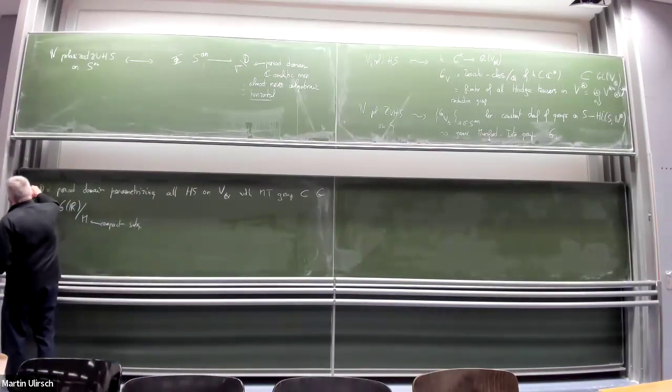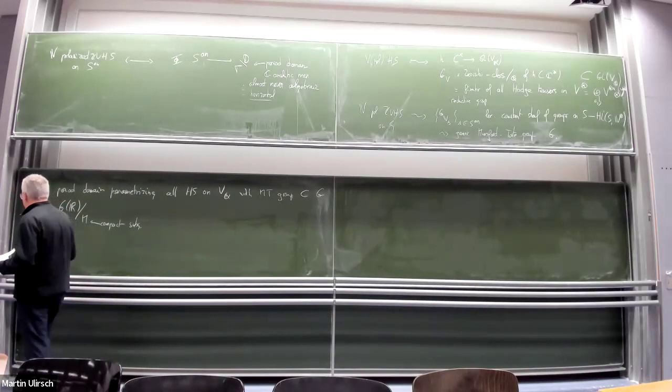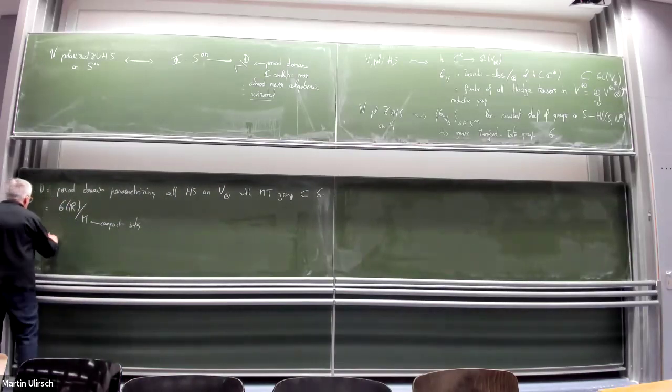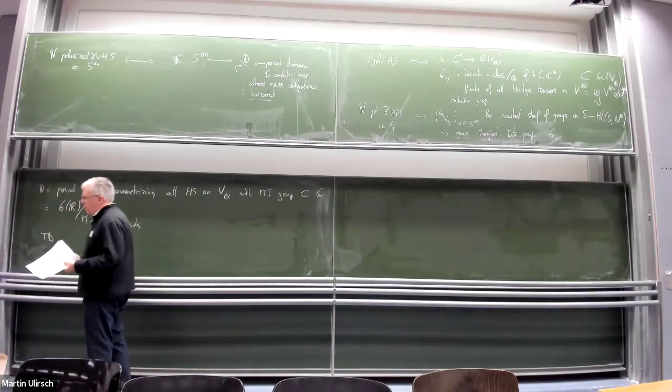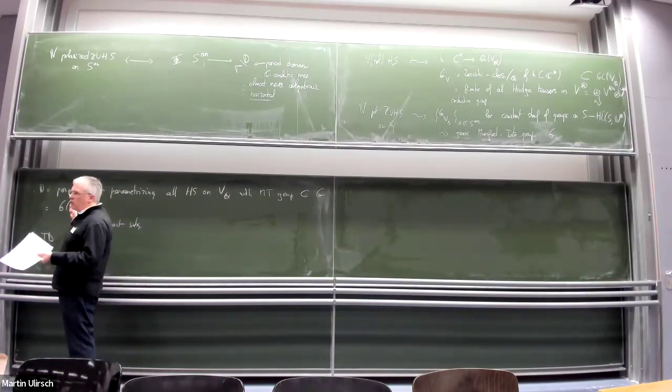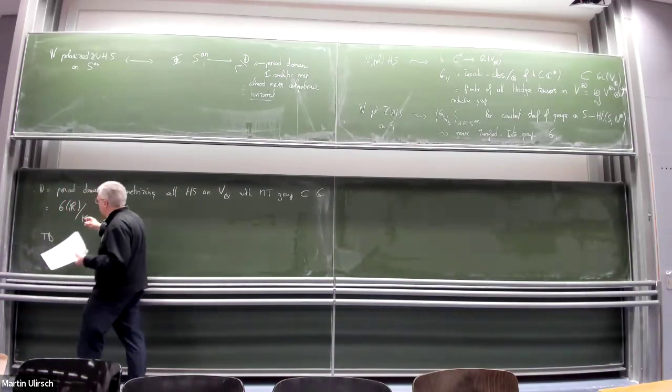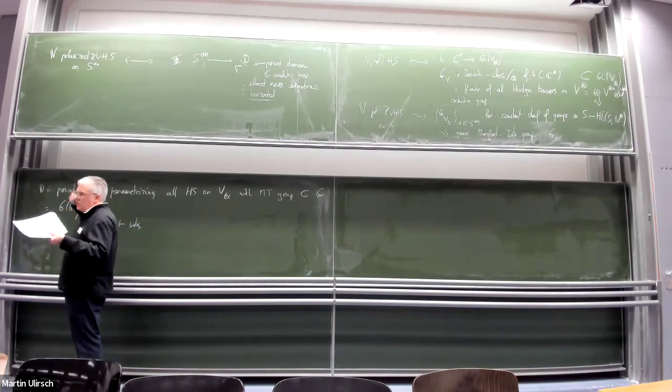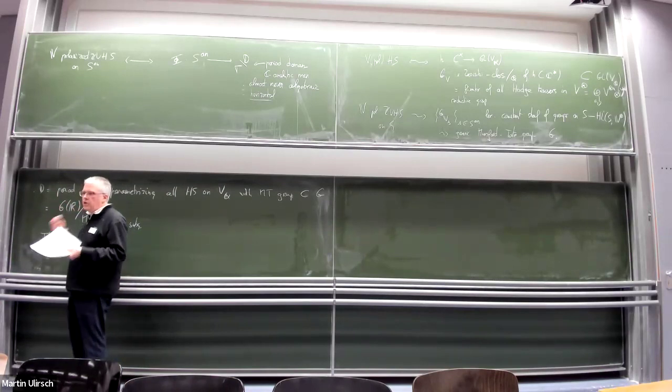So what are the features of this thing? Well, it keeps track of Hodge theory in the following sense. If you look at the tangent bundle, at each point this tangent space is a quotient of the Lie algebra complexified of G. And on this Lie algebra complexified, there is an action of G, and so it is also a Hodge structure.